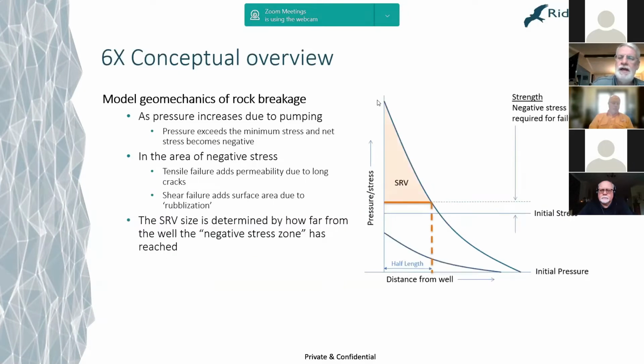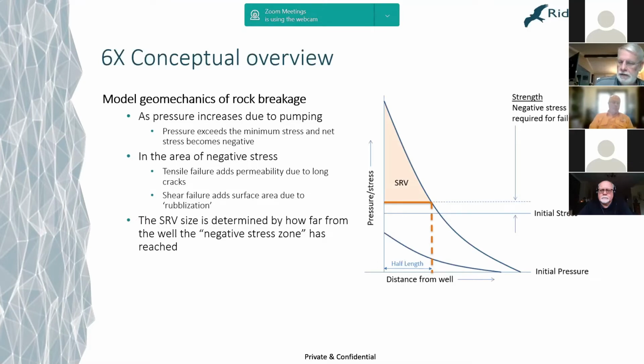Okay, so anywhere that's in this triangle here is going to be part of the SRV. And the distance that that reaches out from the wellbore, which is this line here, gives us the half length of the fracture that's coming off of that location along the wellbore. Now, as I said, this can be happening in a full-featured geological model.